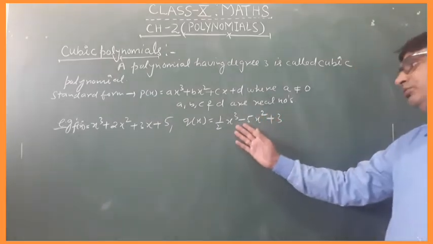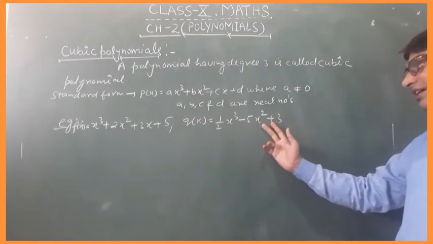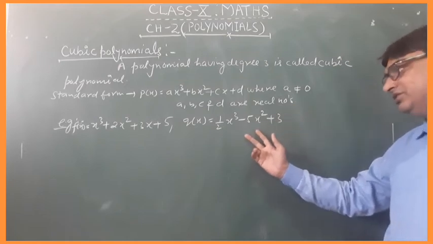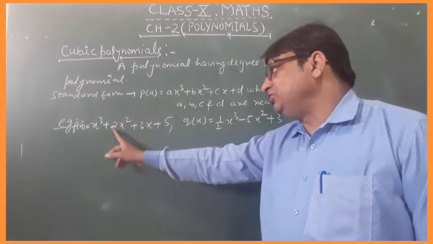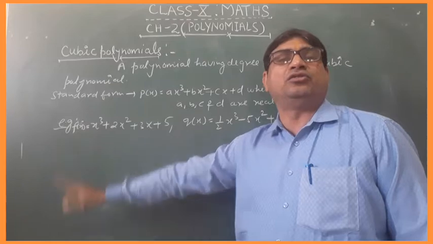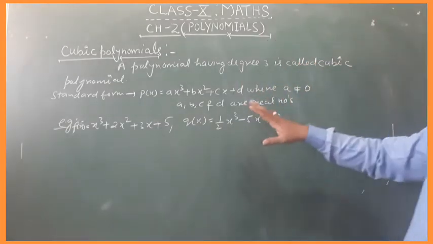This is also a cubic polynomial. Here the term of x is not present, but that is not a necessary condition. Other coefficients may be 0, but for a cubic polynomial, the coefficient of x cube is never 0. So this is a cubic polynomial.